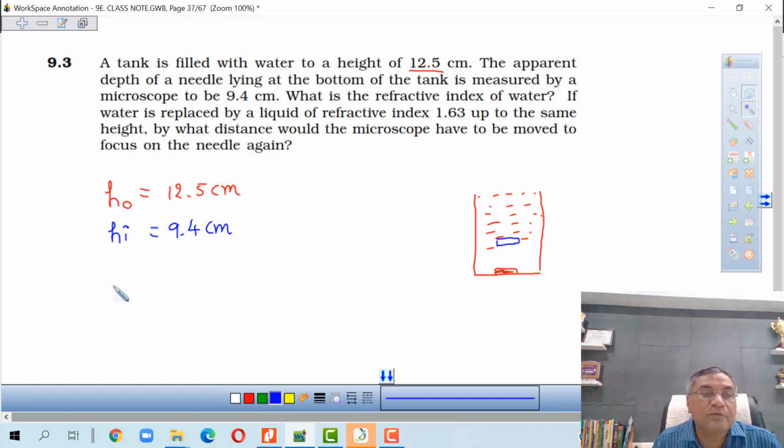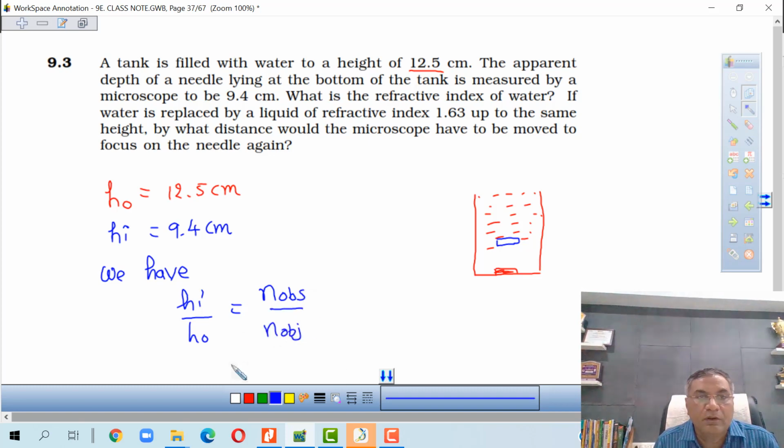So you know the formula. We have HI upon HO is equal to N of observer upon N of object. So observer is outside, so it is 1, and object is in water, so NW.